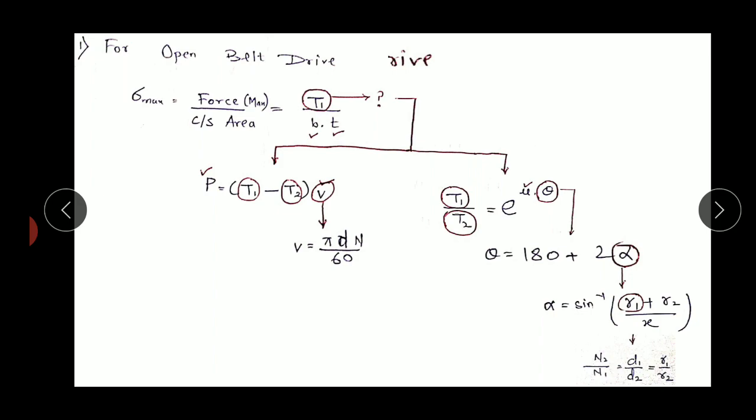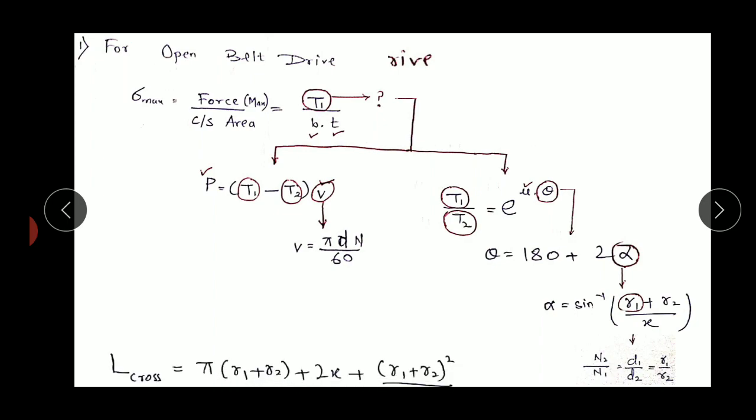So in this way you can find the maximum stress in the cross belt drive. I mistakenly wrote open belt over here, but it is a cross belt. Remember, it is a cross belt, not an open belt.